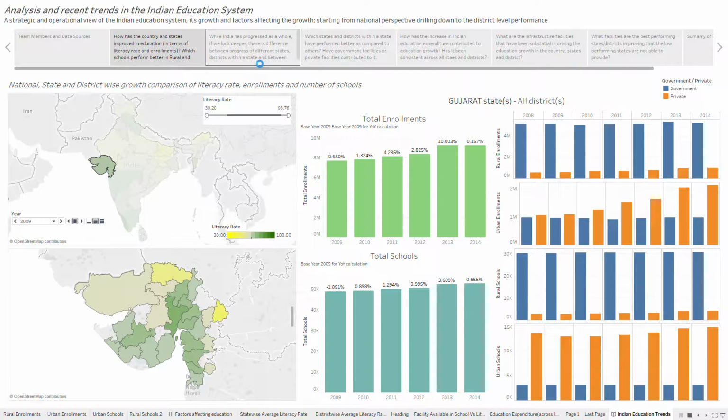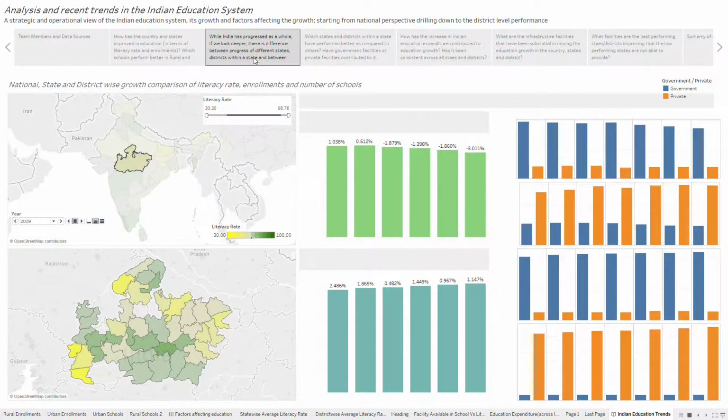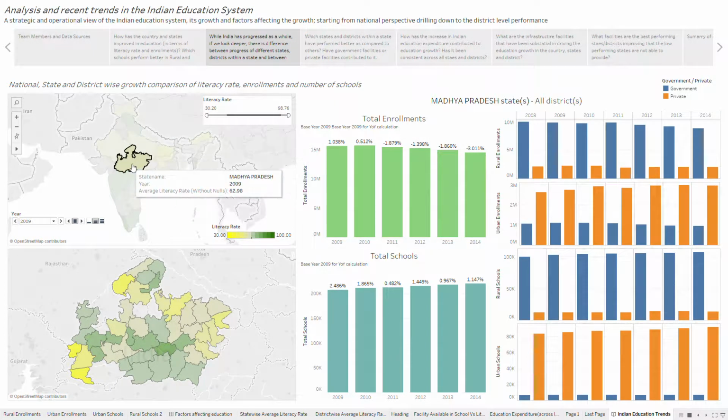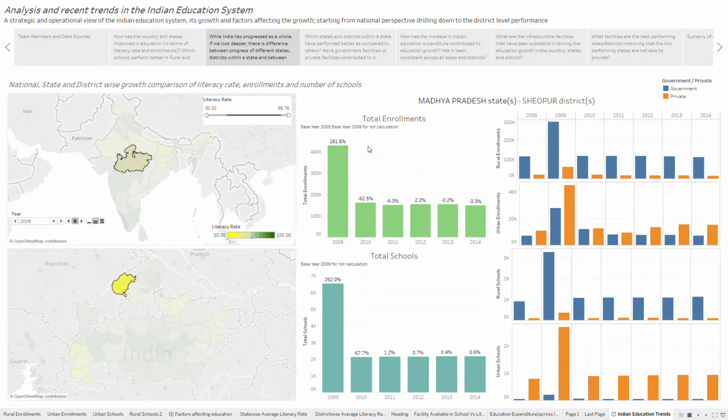So moving on, as we say, India has progressed over the years, but there's still a difference between districts of a state, and we can see that very clearly here for Madhya Pradesh as well. Now, in a district named Shahpur, the total enrollments have actually gone down, which is reverse as compared to the trend of the entire country, and that needs to be looked at.